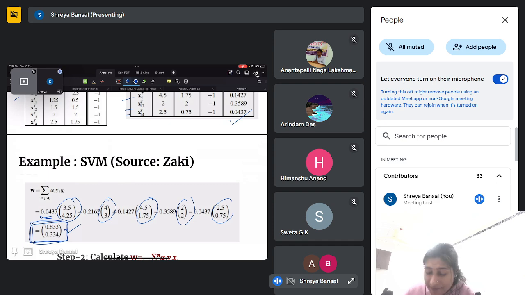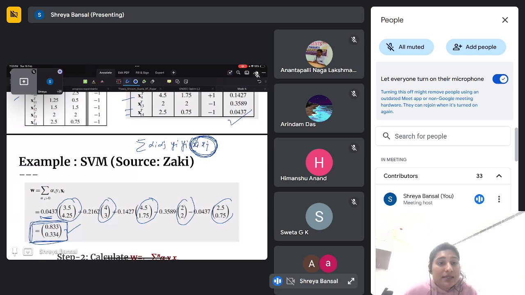Alpha is found from an equation with the sum of alpha i, alpha j, yi, yj and xi, xj. This xi, xj plays a very important role in helping quadratic programming. We will see how it is helpful.